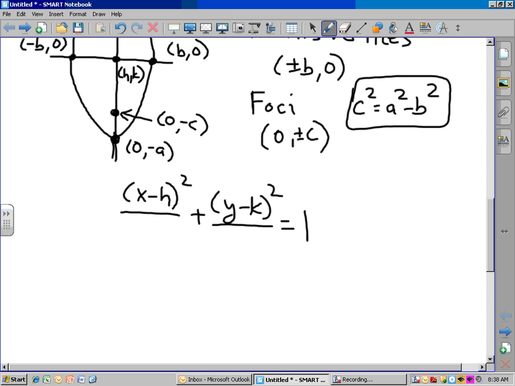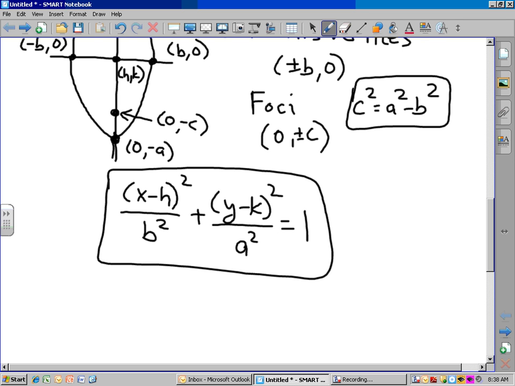Now, the major axis always has a involved. Which is the major axis in this case? The vertical, the y. So we're going to put a squared underneath the y minus k squared, and b squared under the x minus h squared. So what changed? You switch a and b. That's it.